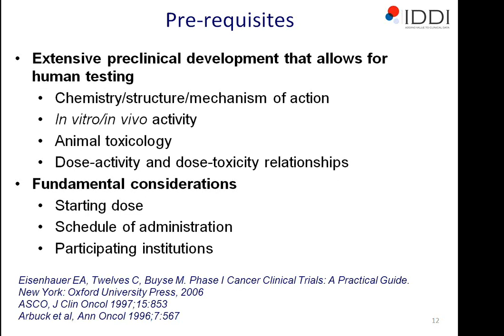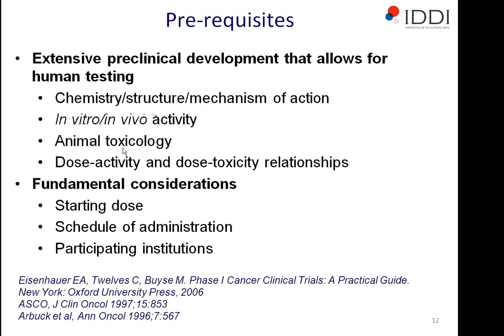So what are the prerequisites before conducting a phase 1 trial? There must have been extensive preclinical development that allows for human testing. And this refers to various aspects described here. Chemistry, structure, mechanism of action must be well understood. Ideally, there must be evidence of in vitro and in vivo activity.